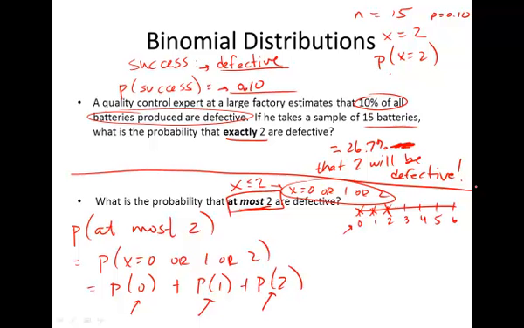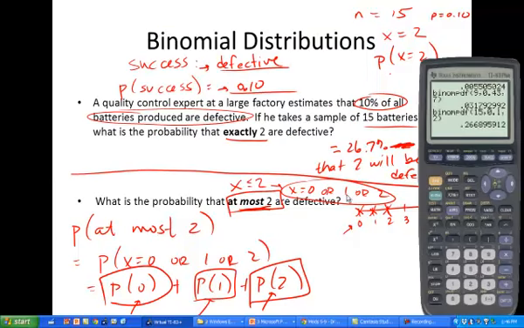That's how we would calculate it if we were using the binomial PDF. Okay, p of 0 plus p of 1 plus p of 2. Now, we already calculated that, right? That was the 26.7%. So all we have to do is calculate the other two and add those three numbers together.